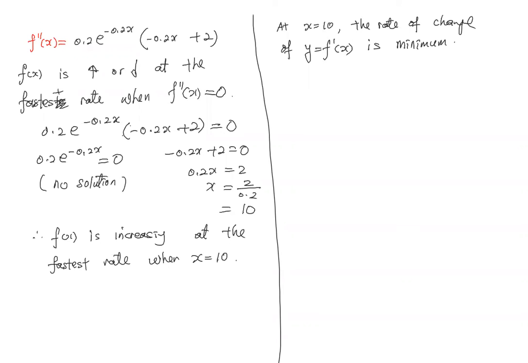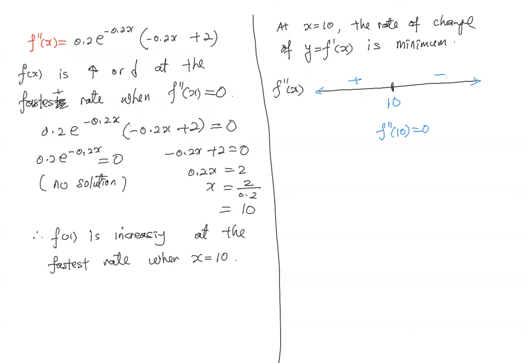Do you know how I know this? Because I can draw the sign diagram of f double prime x. Here I put 10, because f double prime 10 is equal to 0. Here is positive and here is negative.